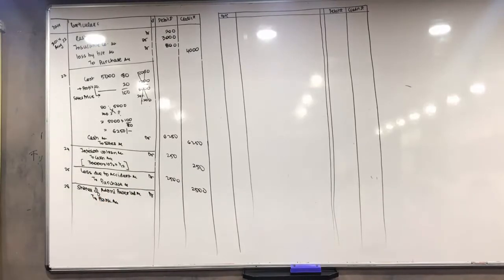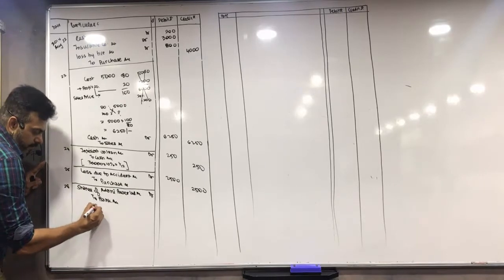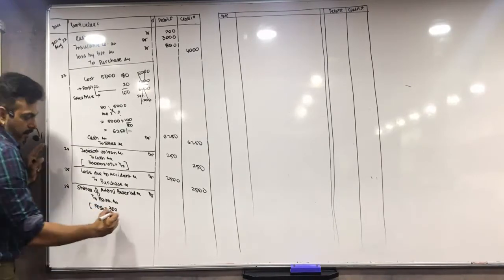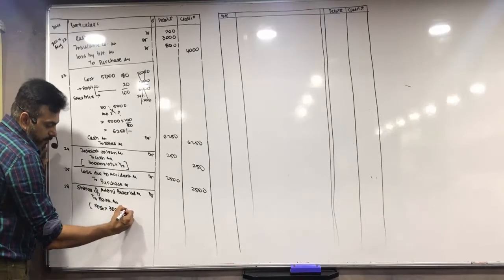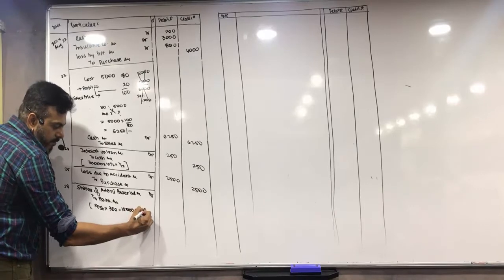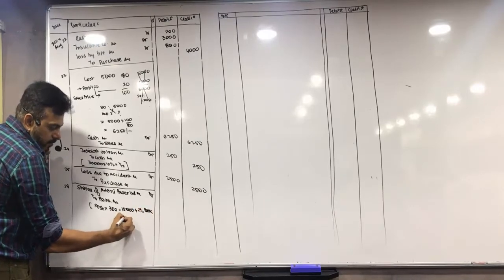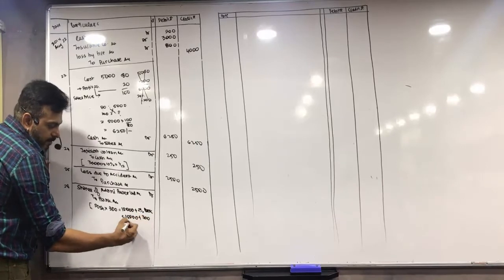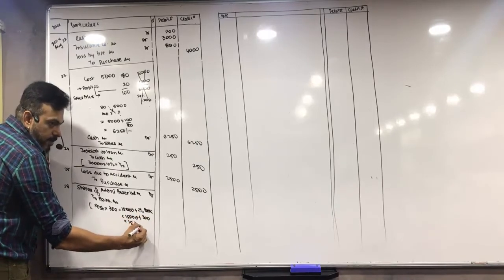Amount is now 300 per share and including 2% brokerage. Now how many shares are there? 50 shares into 300 per share is equal to 15,000 plus 2% brokerage, which is equal to 15,000 plus 300, which is equal to 15,300.